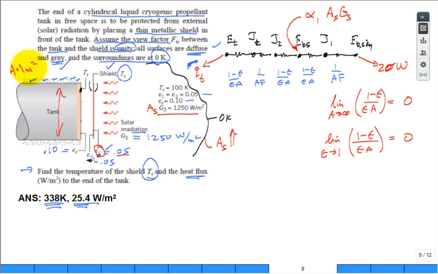Then you know, hey, I'm doing everything per meter squared of the tank. You would say 1250 times 1 meter squared times 0.05, and I forgot that number. That's how many watts would be coming in. Now I need to do the bookkeeping to see where they go.